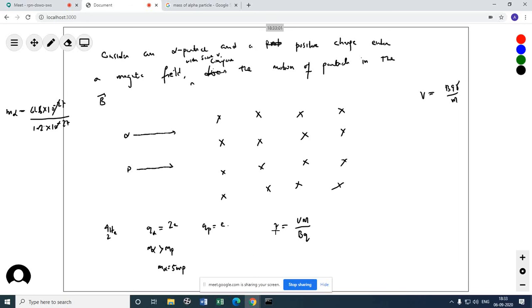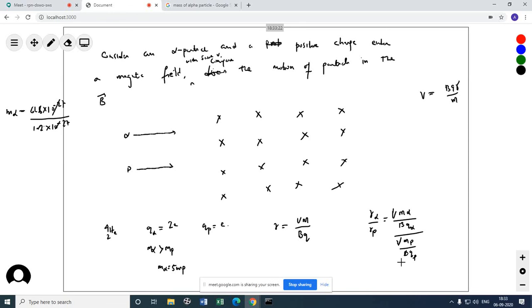Let us compare the radius then. So this is R, we know. So the radius of alpha by the radius of proton will be what? V mass of alpha by B Q of alpha divided by V mass of proton by B Q of proton.